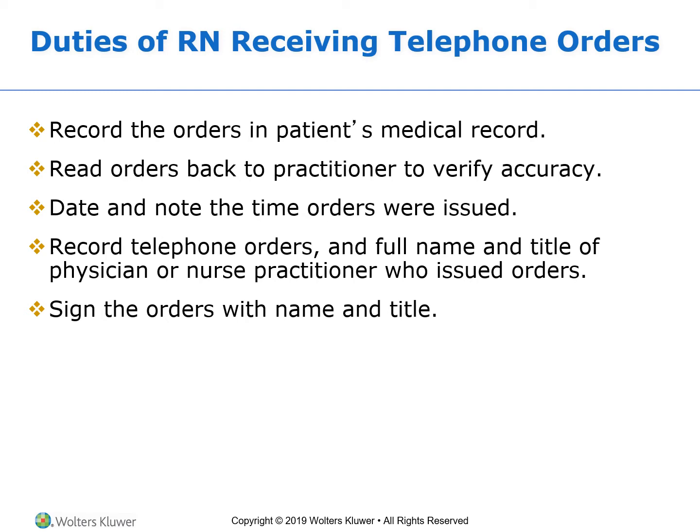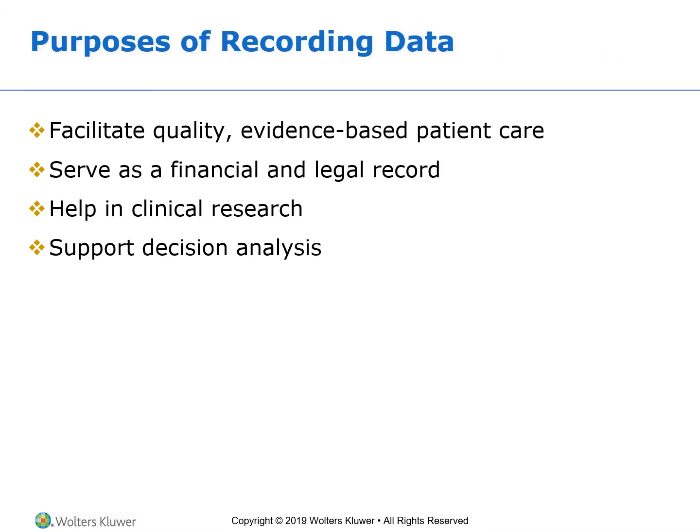Another strategy that the Joint Commission is using to achieve national patient safety goals is a list of do not use abbreviations. These abbreviations and symbols should not be used anywhere by anyone. Every place that you work will definitely have a list of abbreviations that you should or should not use.